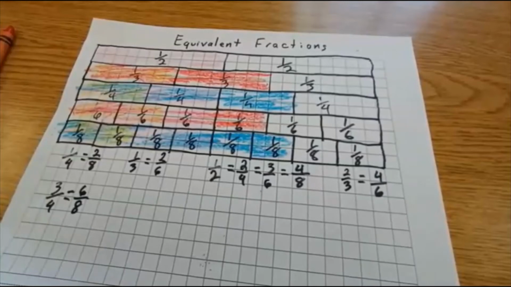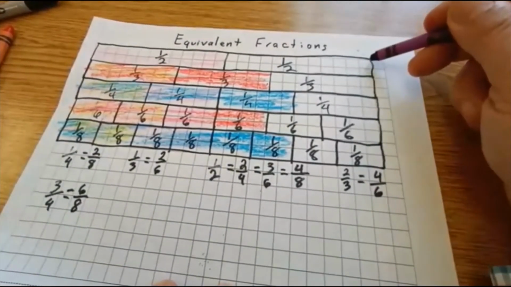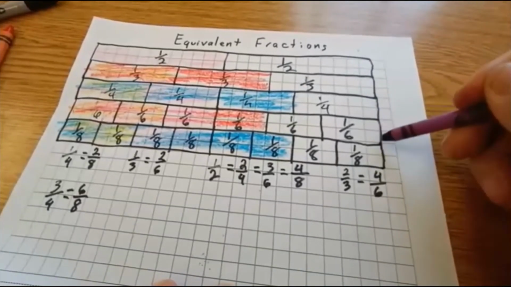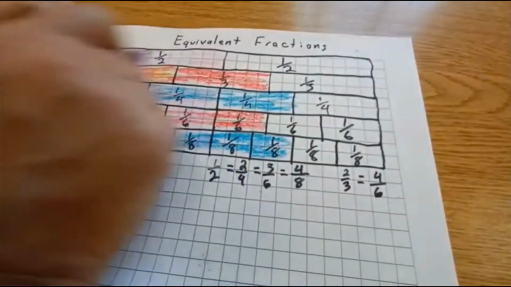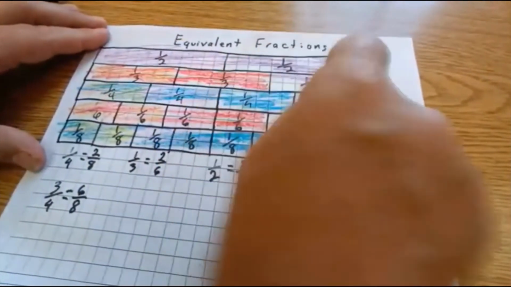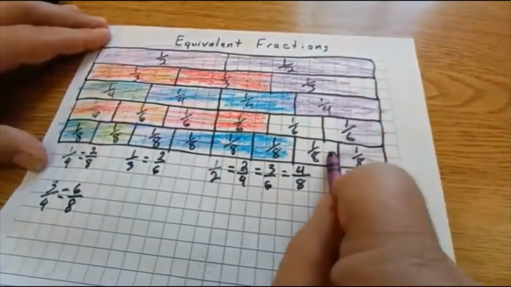And the very last one that we'll do is in purple. And right here, they're all going to line up. So 2/2, 3/3, 4/4, 6/6, and 8/8, and that all equals 1 whole. And that is a fraction. So color it all the way in.